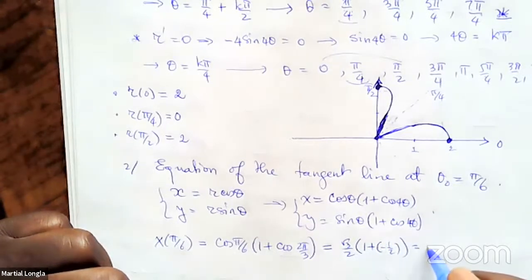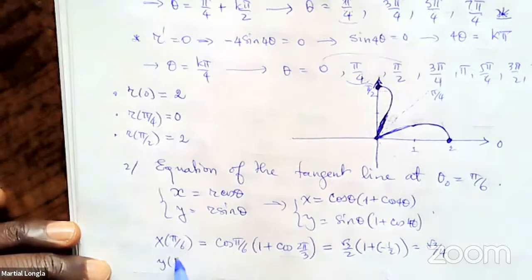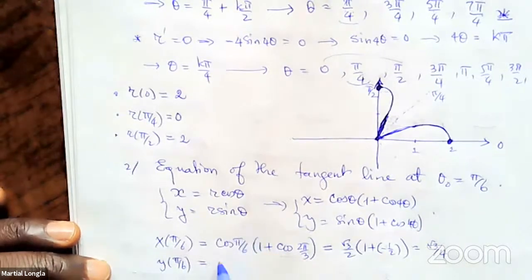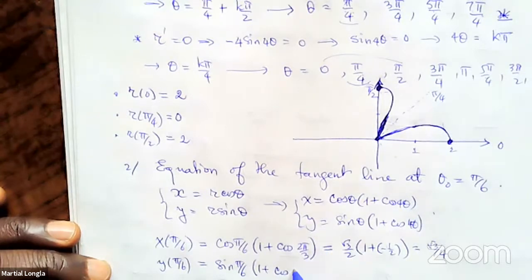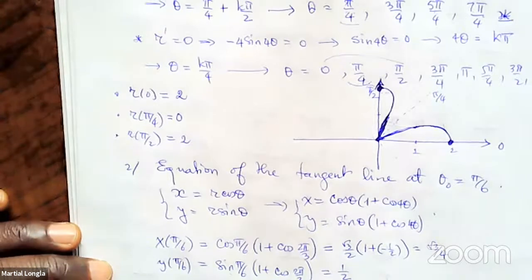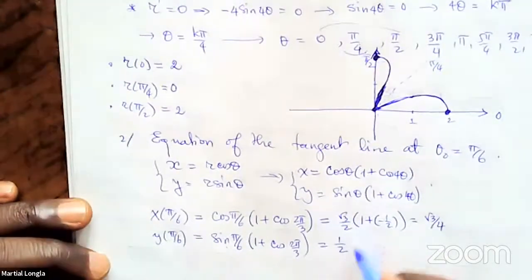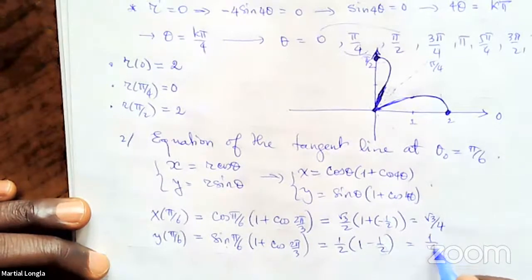So this is root 3 over 4. And you got y of pi over 6 equals sine of pi over 6 times 1 plus cosine of 2 pi over 3. The sine here is 1/2, and the other factor is the same, 1 minus 1/2. So it's 1/4.